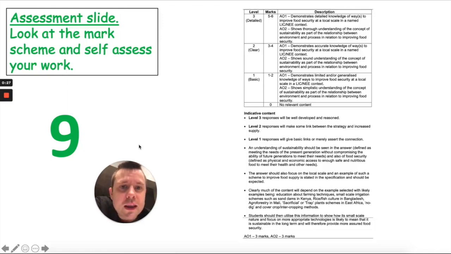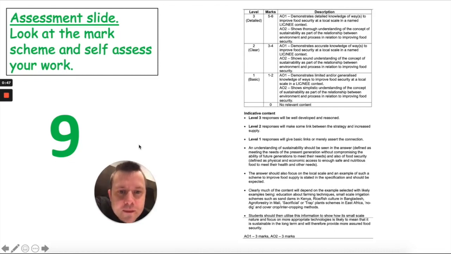Level 2, 3 to 4 marks, accurate knowledge, using terms like food security, and you have named your LIC, so in this case Kenya, and level 3, 5 to 6, detailed knowledge, fuller understanding of the concept of sustainability.